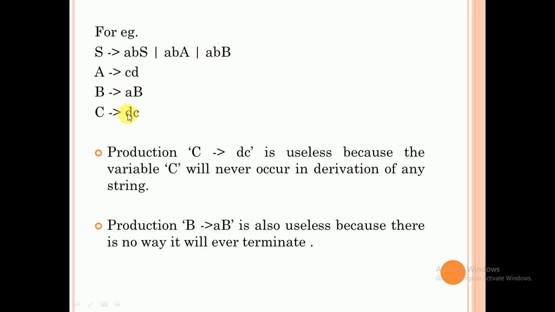Therefore, C goes to DC is a useless production and C is a useless variable. Similarly, B goes to A goes to B. Although B is taking part in this production, B will not be eliminated to any terminal. That is why the production B goes to small a, capital B is also a useless production.